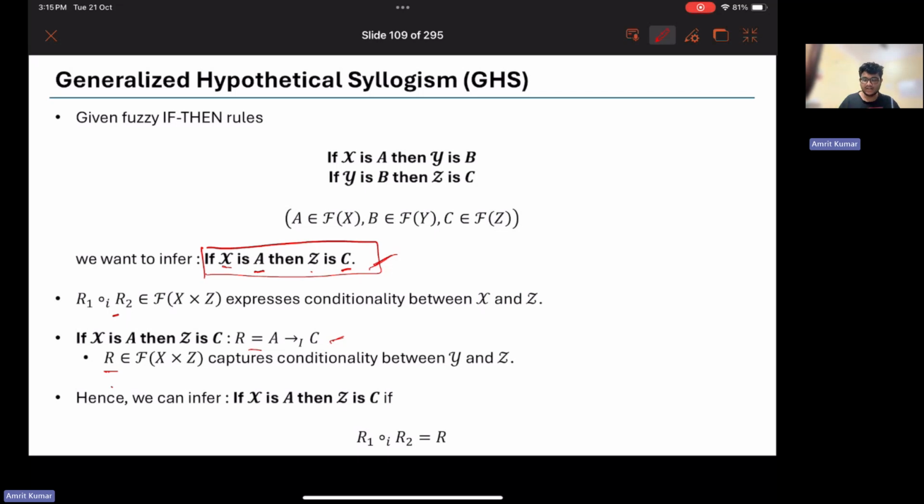Only then is it meaningful to infer this.